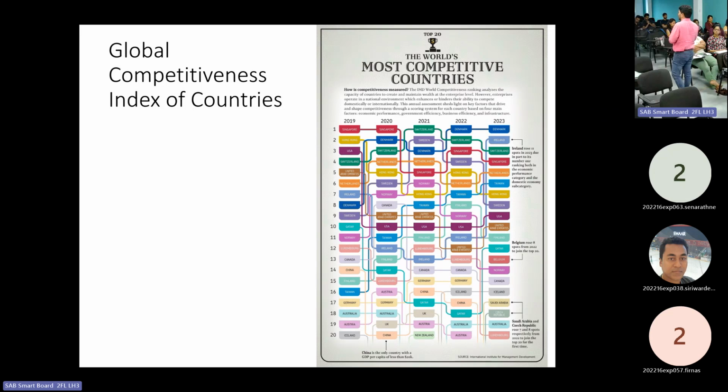I remember Sri Lanka was placed somewhere around 84th place in 2020 out of 160 or so. Now we will probably go further down.